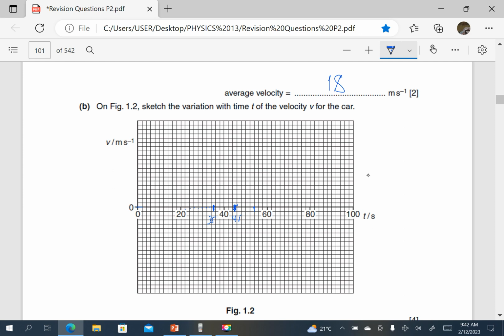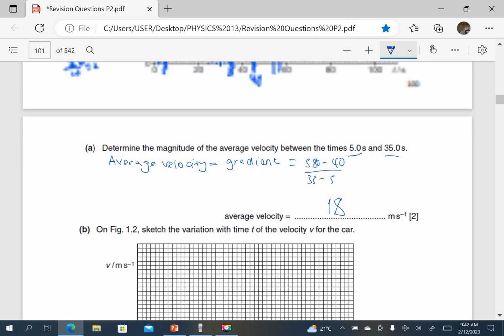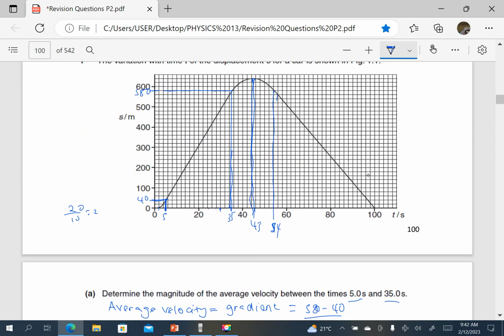Initially, the velocity is 0 because the gradient here is 0. I hope the scale is 20 divided by 10, that is 2. So this is 2. Between 0 and 2, the gradient is 0. Then after 2, the gradient slightly increases up to around 2.5.